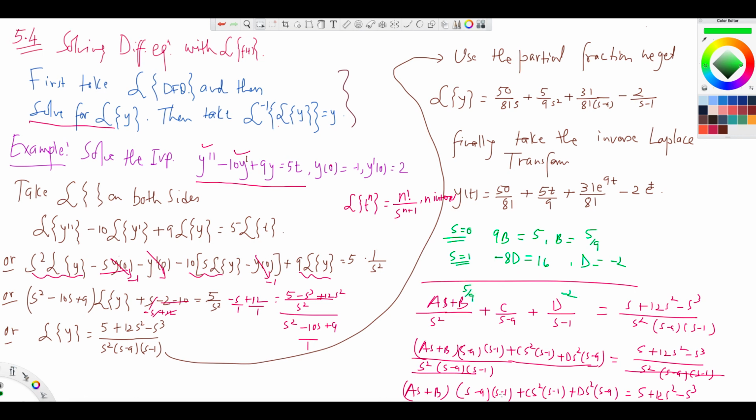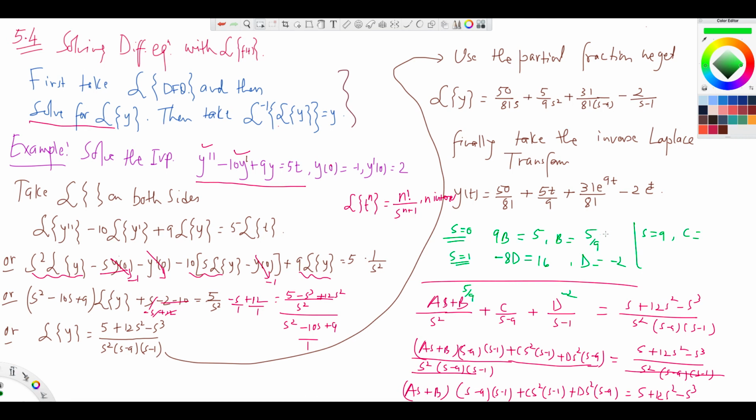Similarly, you plug in s equals positive 9, which will give you the value of c. If you take s equals positive 9, then this term will go to 0, this term will go to 0, right? So 9 squared is how much? 81, right? Times 8.